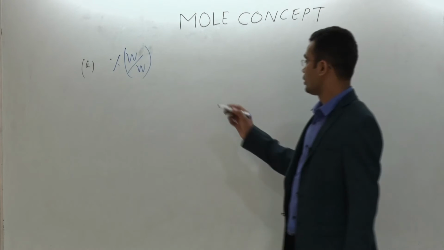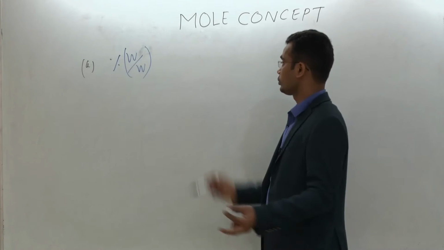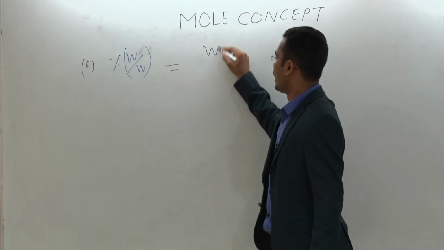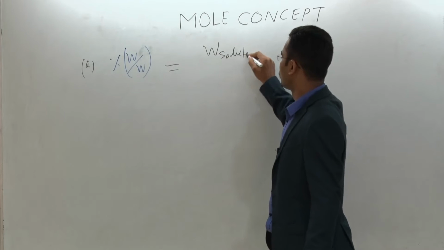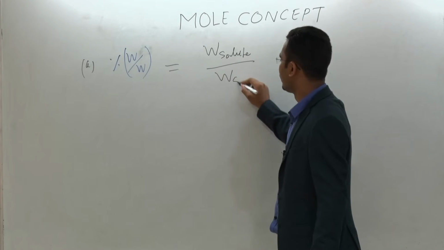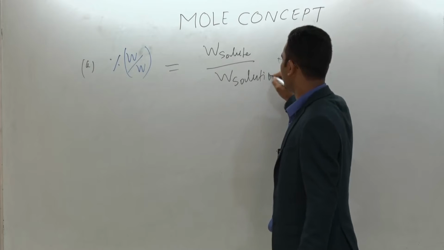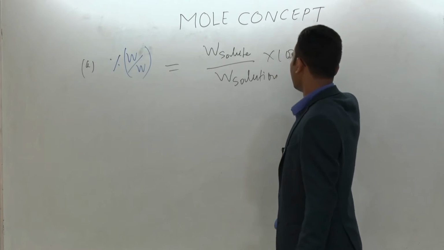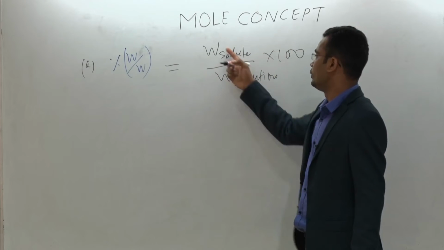So it is equal to weight of solute divided by weight of solution into 100. So what is the unit of this weight?